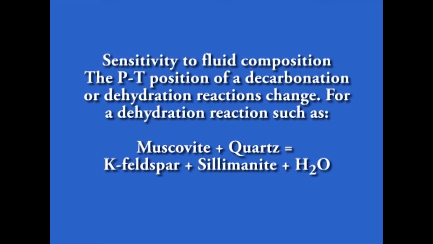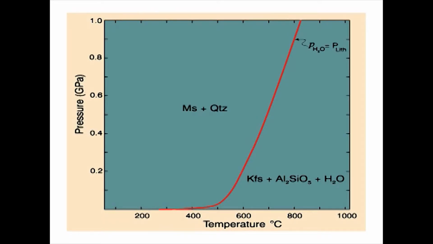If the rock contains an H2O rich fluid, the right hand side of the reaction will be stable over a smaller range of conditions than if the rock contains an H2O poor fluid, either because the fluid is diluted with CO2 or the rock is dried out and not fluid saturated.